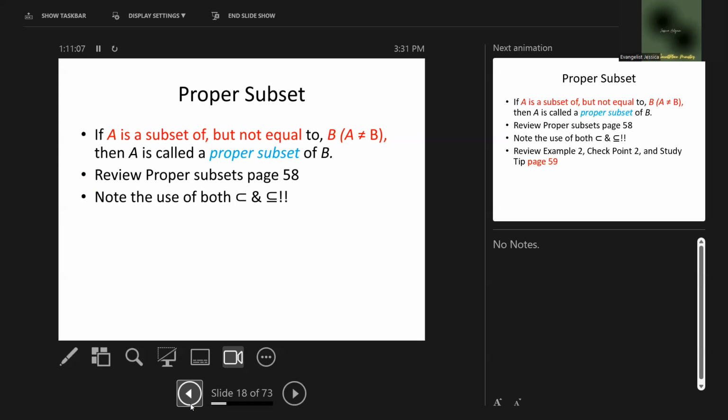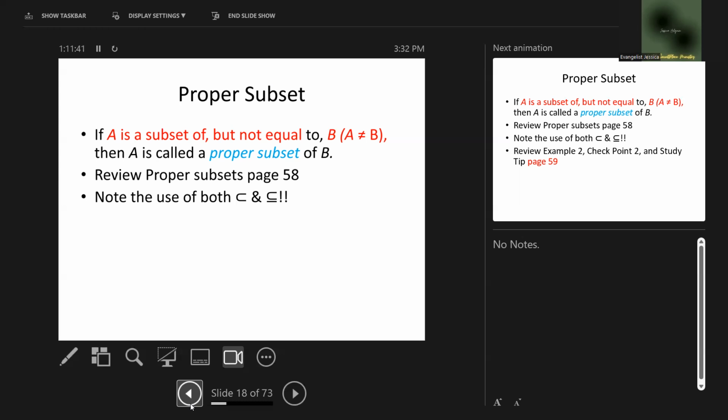Set B has members 1, 3, and 5. Here we can say set A is a subset of B because every element in A is also an element of B. And with the same two sets, 1 and 3 and 1, 3, and 5, we can say A is a proper subset of B because A and B are not equal.